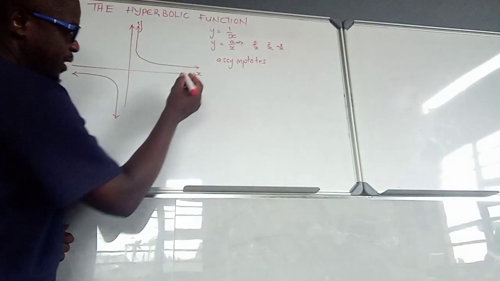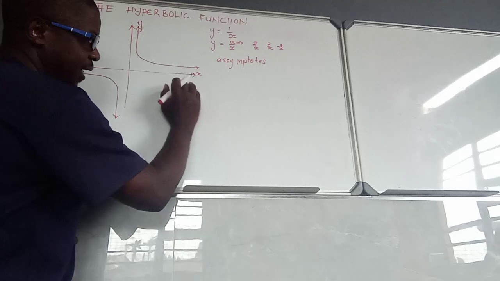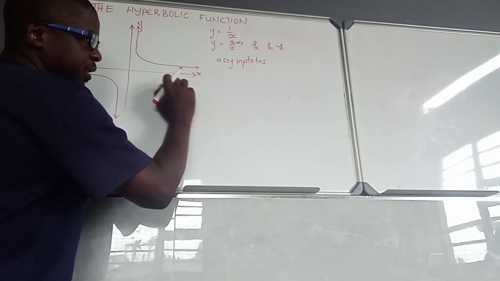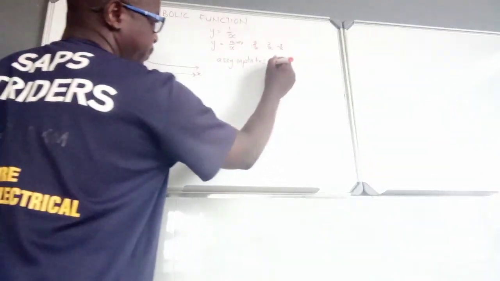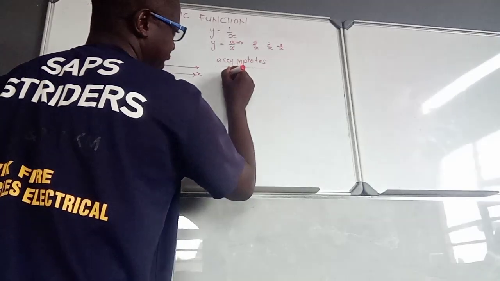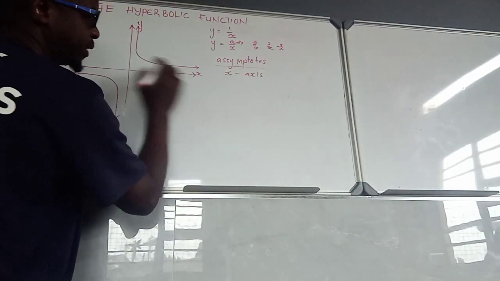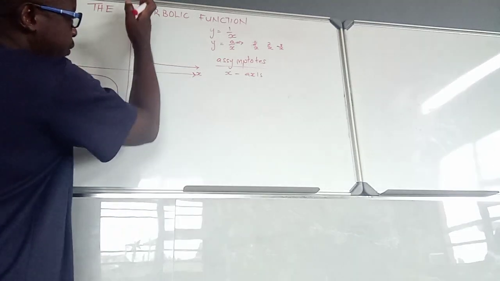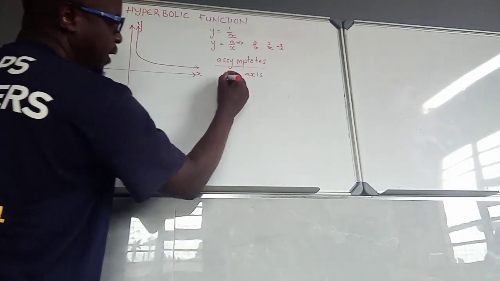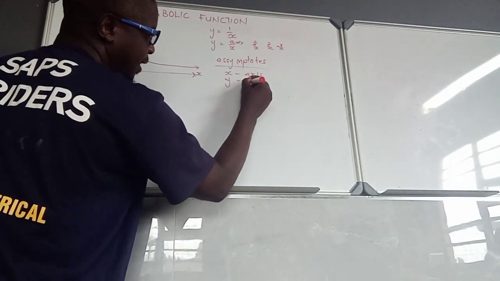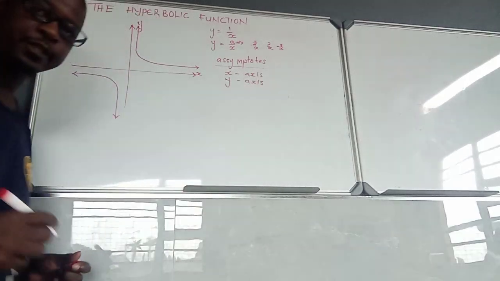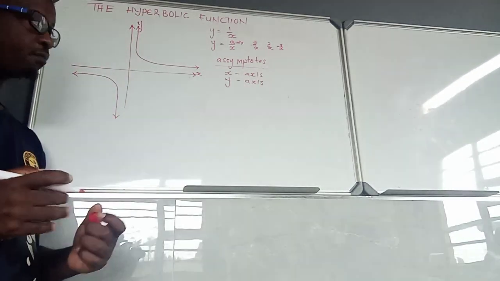In this case, the x-axis is our asymptote, so the graph does not touch the x-axis. The y-axis is also our asymptote.